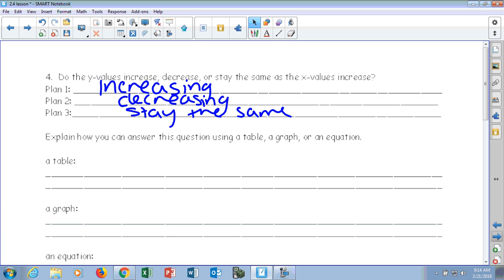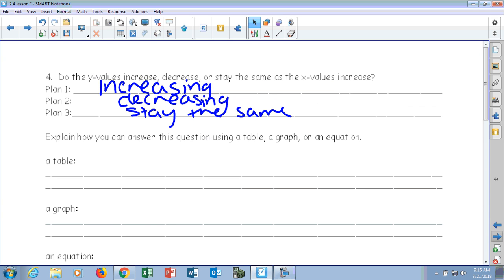As we keep going, it says, explain how you can answer the questions using a table, graph, or an equation. So using a table, how can we answer that question that we just answered in question 4? How can we answer that question looking at a table, Gavin?